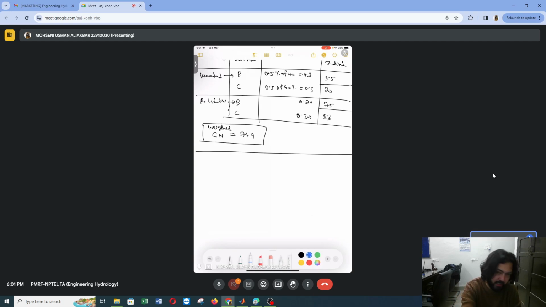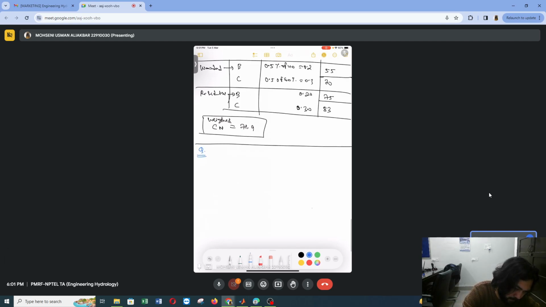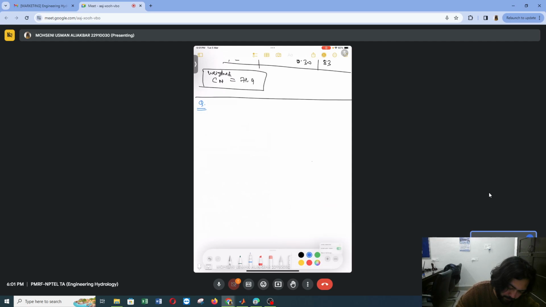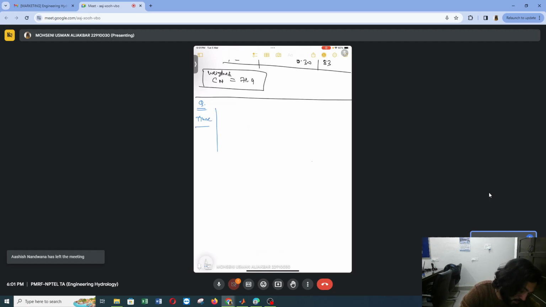So now we are looking at an example where they are asking us to calculate the value of phi. Let us take an example where they have given us the value of time, and also the value of incremental rainfall.